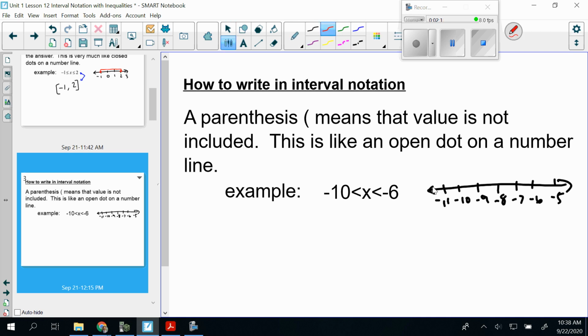So if we were to graph this one, it would look like this. The numbers less than -6, greater than -10 would look like that. In boundary notation or interval notation, again, we'd include our two numbers that we're spanning in between, -10 and -6. Since we don't want to count the endpoints here, we'd use parentheses.